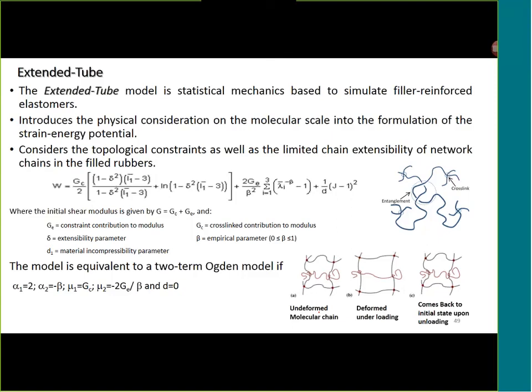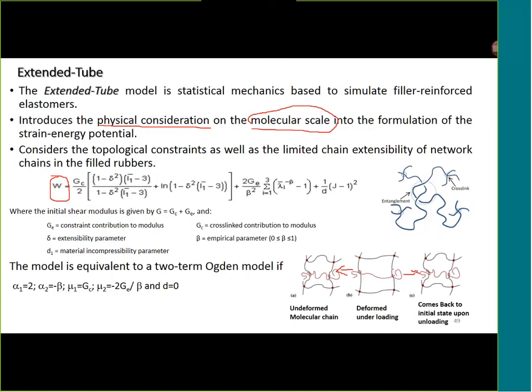This particular material model has physical considerations in arriving at the strain energy density function, considering the molecular scale. So what happens is that there are molecular chain cross-links. When we apply any load to the structure, the chain gets stretched.